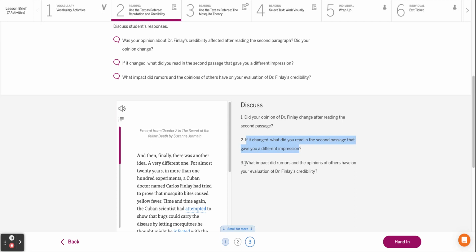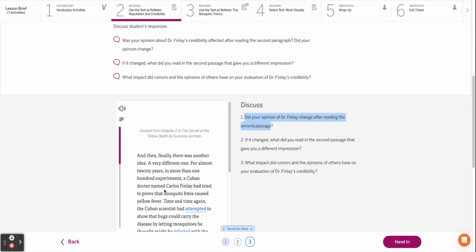And now, how do those rumors and opinions have an effect on how you thought about his credibility? So, for number 1, you're going to go and make sure you've highlighted the evidence for why your opinion of Dr. Finlay is what it is. So, do you think he's credible?